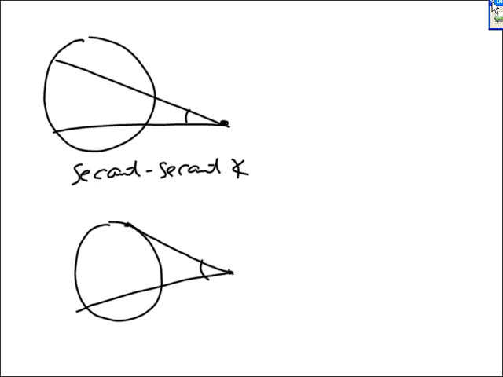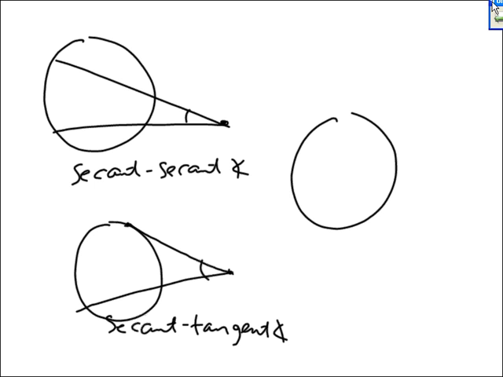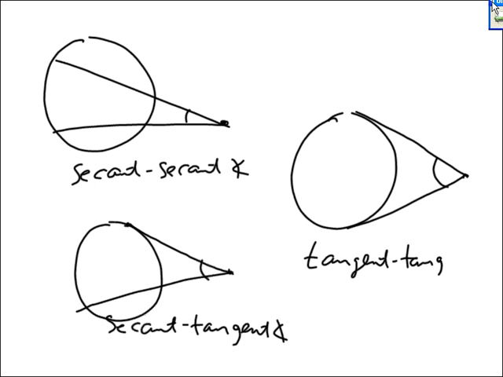This angle here is called a secant tangent angle. They name them very nicely. You have a point outside, you go tangent, you go tangent. This angle is a tangent tangent angle.